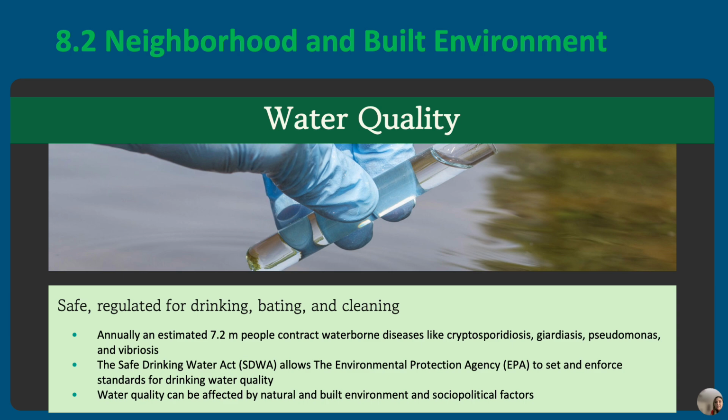Water quality can be affected both by natural and built environment and also some socio-political factors. So you look into the Flint water crisis, right? You have people who are making decisions for cheaper water without thinking about its health outcomes on the people who are living there.